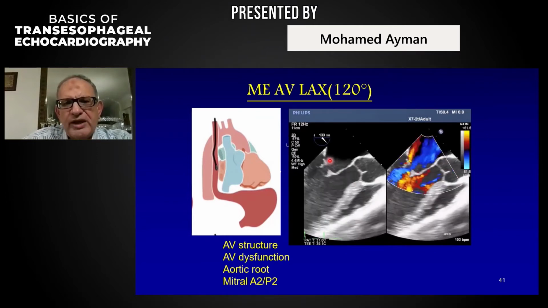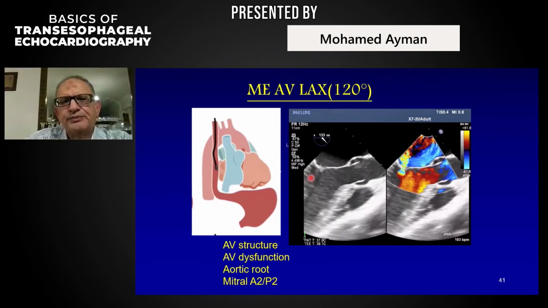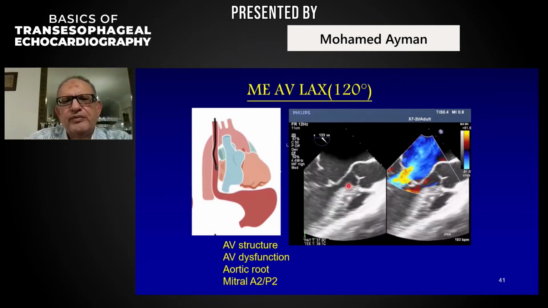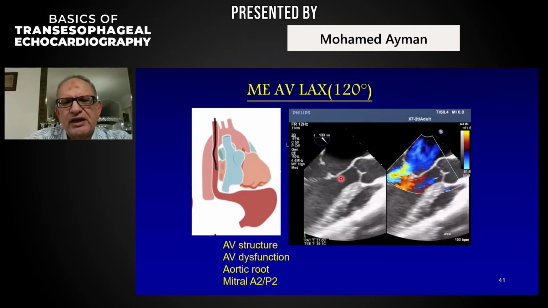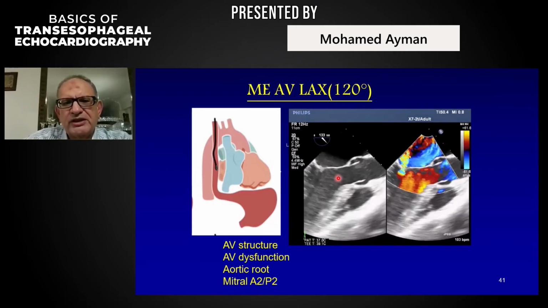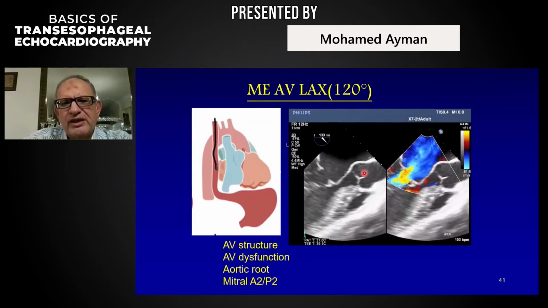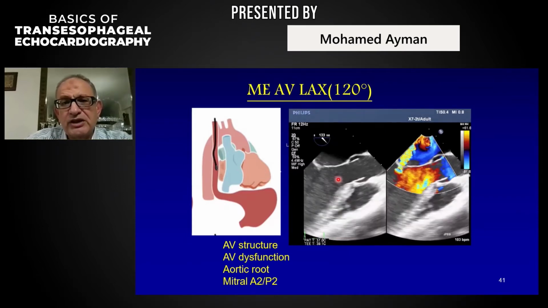And at 120 degree, what we see here are the two middle scallops of the mitral valve. So this is the anterior mitral valve leaflet. Why is this the anterior mitral leaflet? Because this is the one close to the aorta. Aorta is an anterior structure. So this is the anterior leaflet. Which scallop?